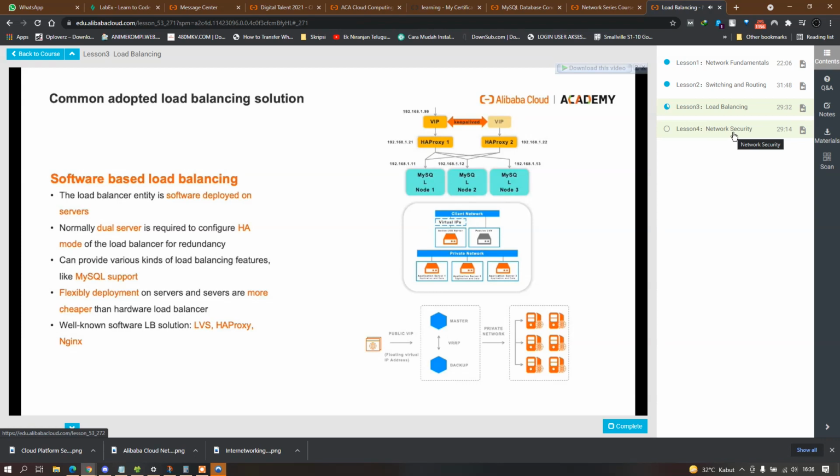There are also many well-known software load balancing solutions like LVS, HAProxy and Nginx. These three are the most famous load balancing software in the world.